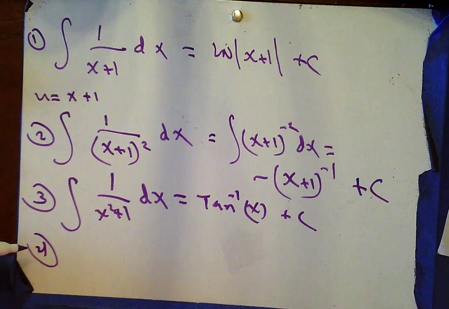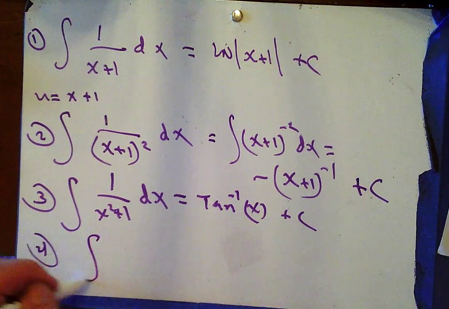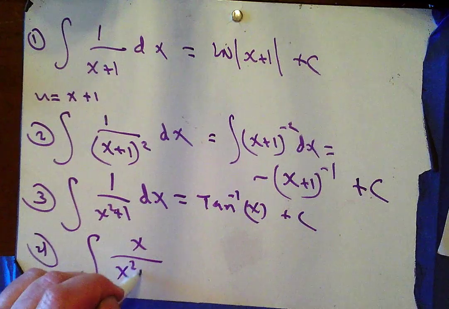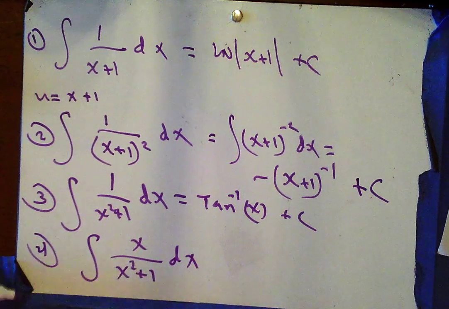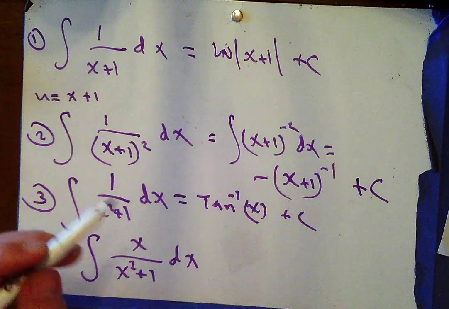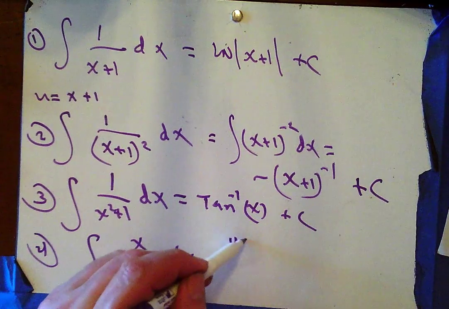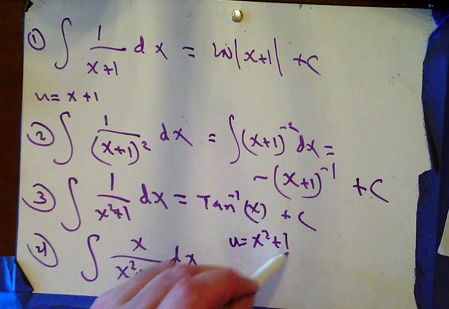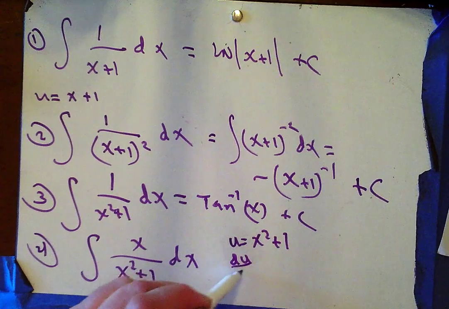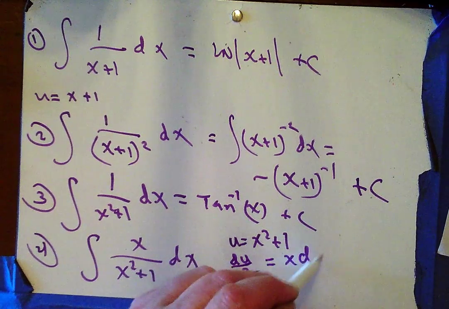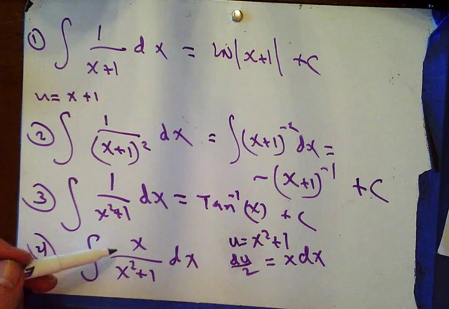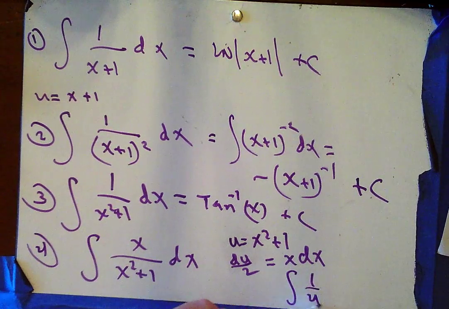Number 4. Okay, what if I have the integral of x over x squared plus 1 dx? Well, I see that this is going to be a u sub, where I have 1 over u times du over 2.